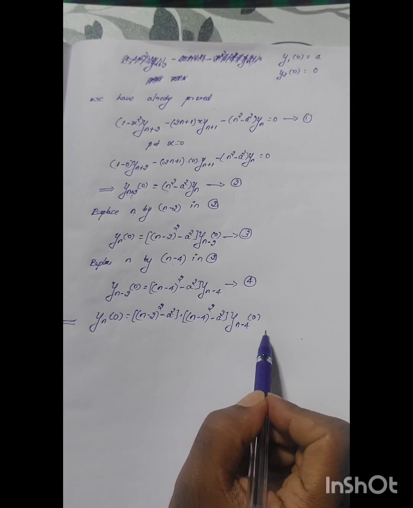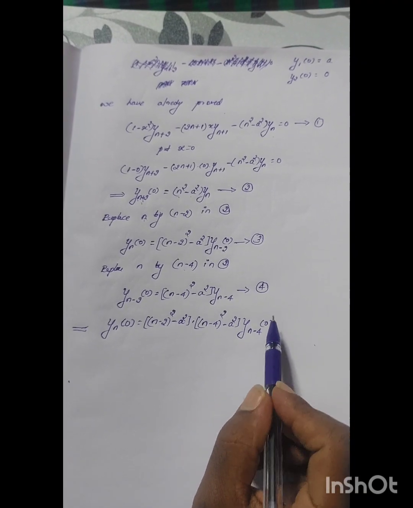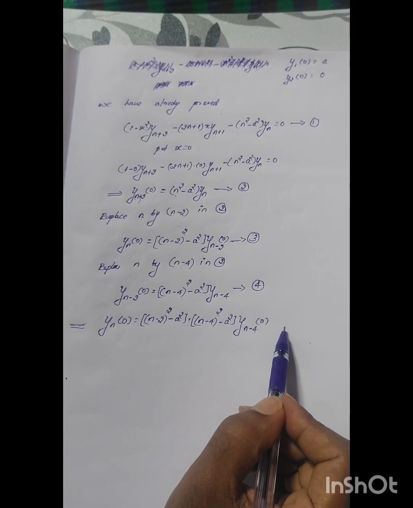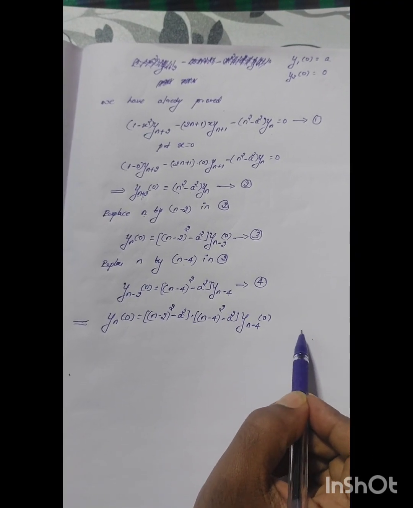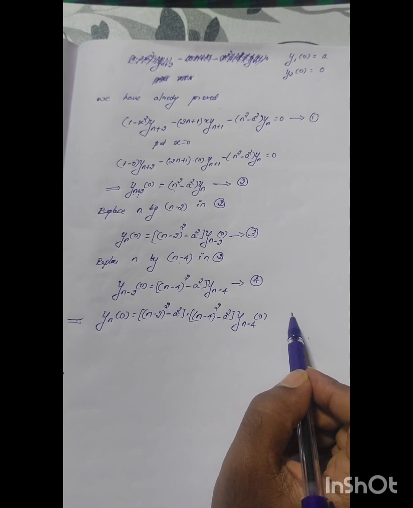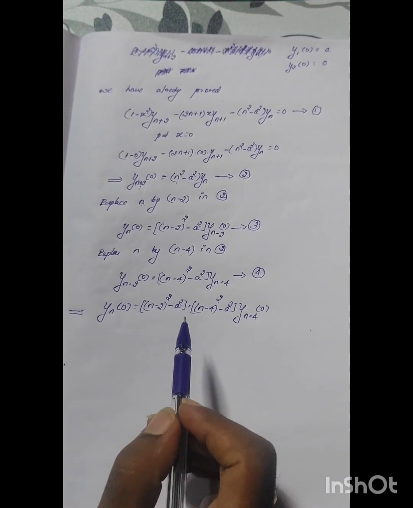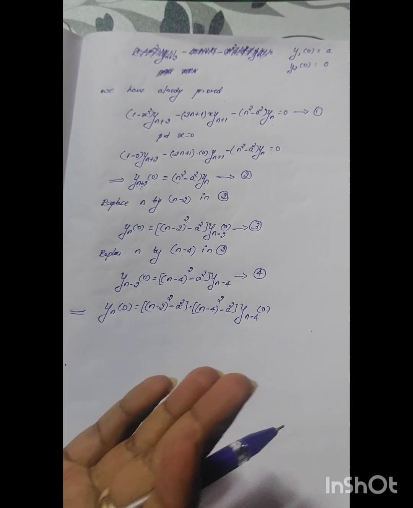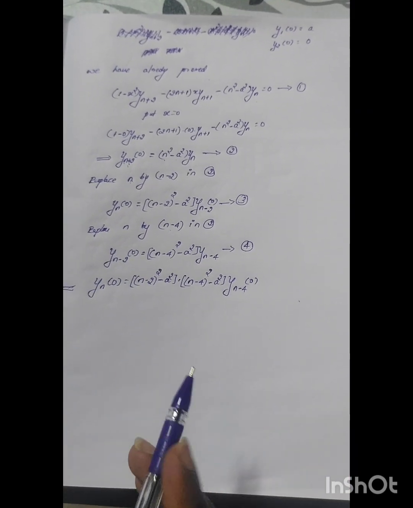If we find yn minus 4, replacing n by n minus 6, this becomes n minus 6 the whole squared minus a squared into yn minus 6 of 0. Again replace n by n minus 8, it becomes n minus 8 the whole squared, and so on. We are replacing every time n minus 2, n minus 4, n minus 6, so we are taking a difference of 2.